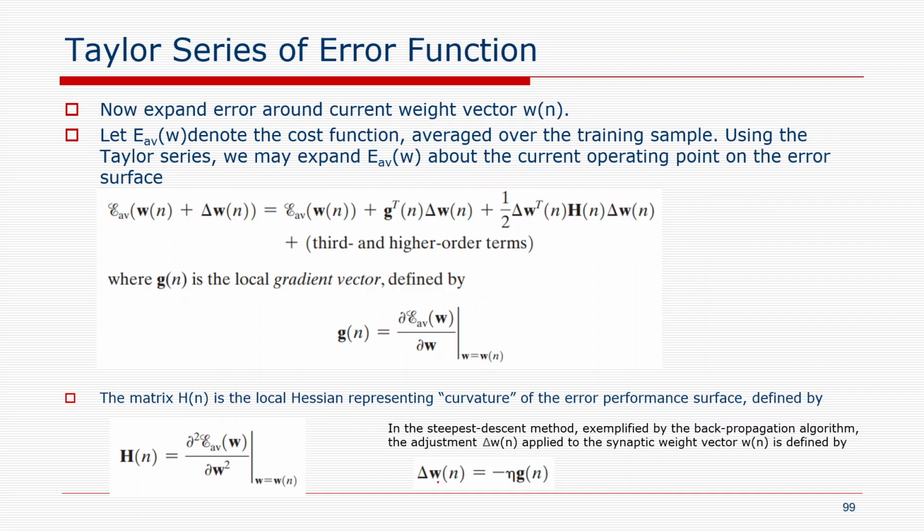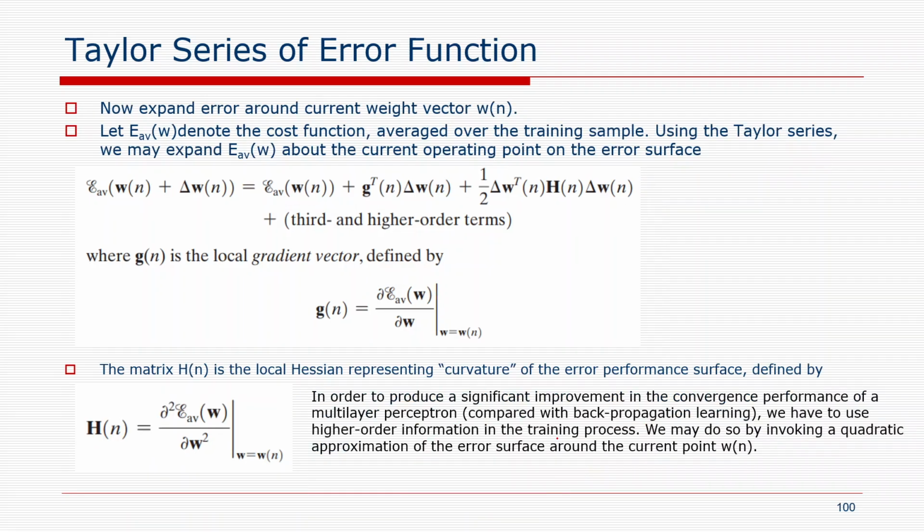Up to here was the gradient descent, where updating the weight is by the negative gradient: the learning rate times g of n, the gradient, the rate of change of error with respect to the weight, in the steepest descent or gradient descent method.